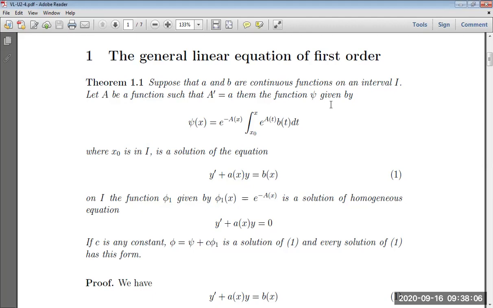In this theorem, you will learn the method of finding the solution of the differential equation y dash plus a of x into y is equal to b of x, and the solution is given like this.